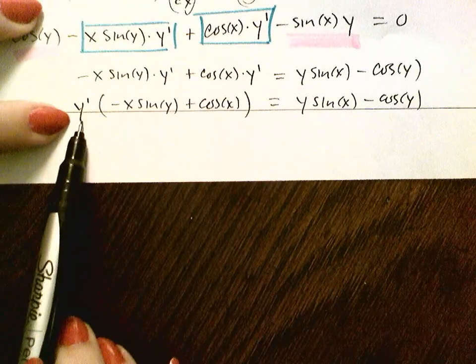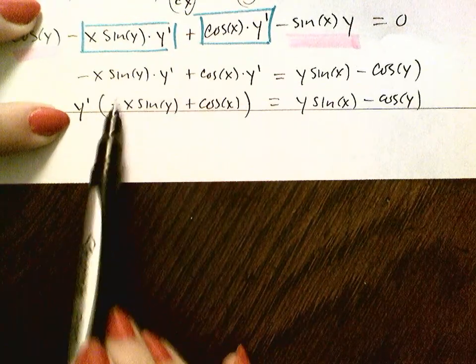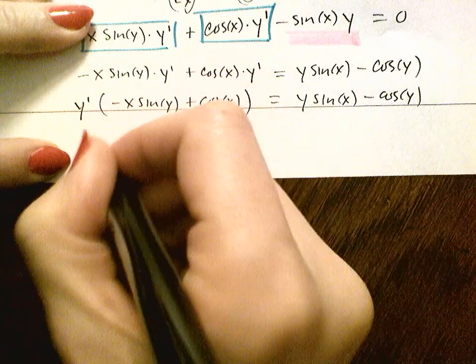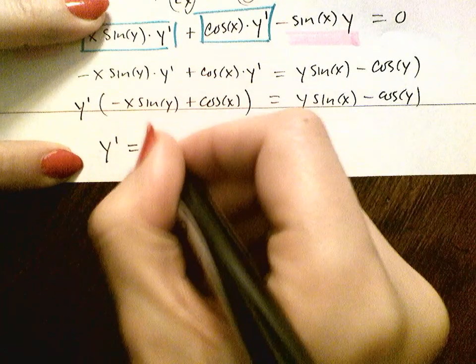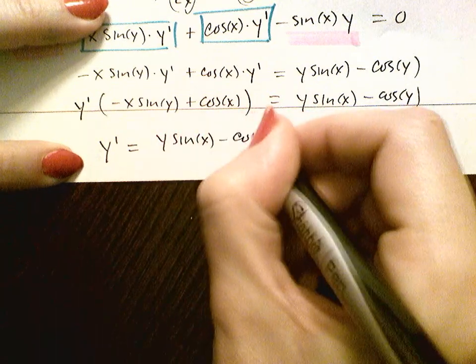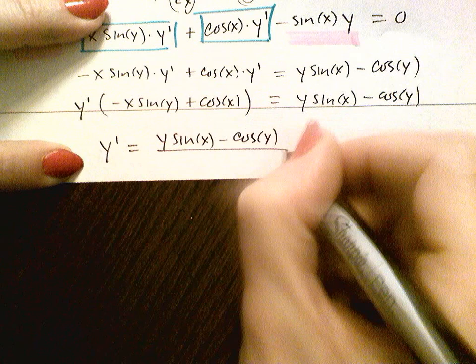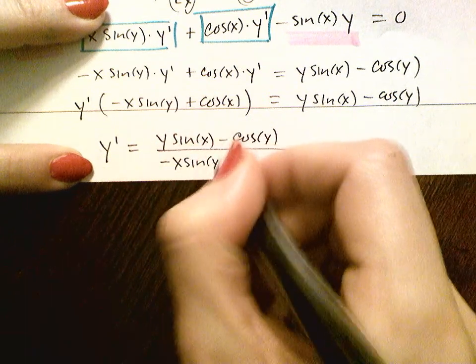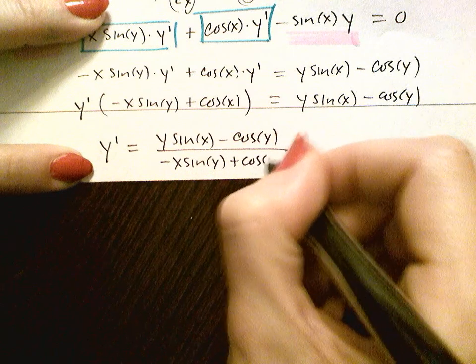And now that you've factored this out, you can divide both sides by this parentheses here. So you end up with y prime equaling y sine of x minus cosine of y all over negative x sine of y.